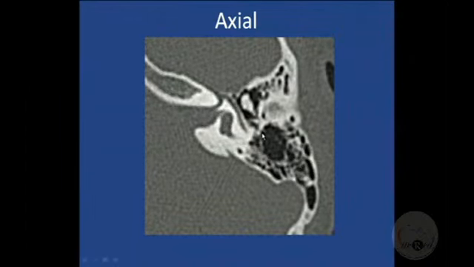What segment is this one? Right. And then this is the vestibule. What is this one? Singular canal, right? It's the posterior ampullary nerve canal. That's right.